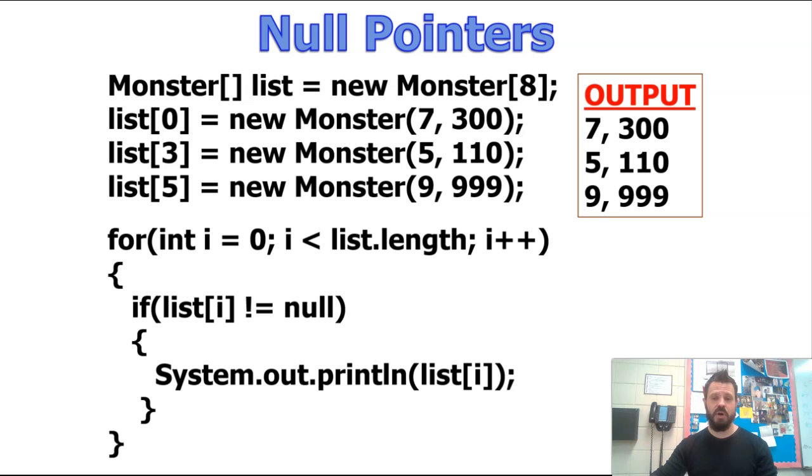As far as printing goes, we can handle the null. It'll just print the null out for us. Maybe that's not what we want. But if I want to do some calculations with something that's null, that would actually break my program. That would give me a null pointer exception. So this chunk of code right here, this extra conditional within our loops, is going to be something we use very commonly when we're dealing with arrays of objects.